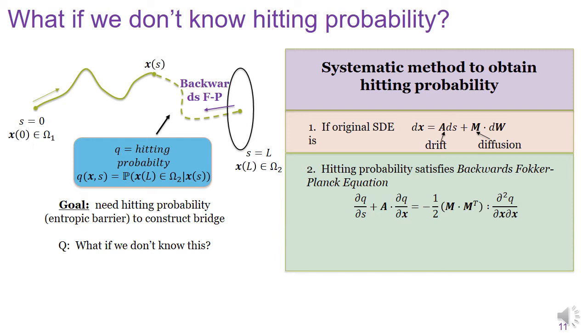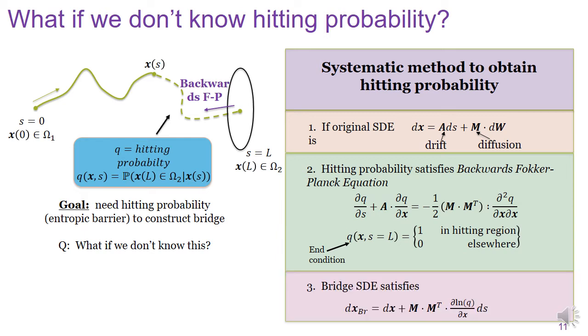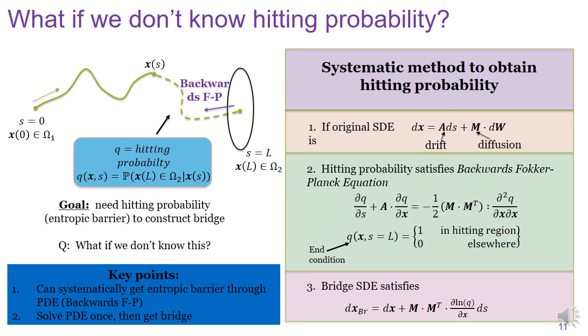In order to satisfy the end condition, we set it as the initial condition of the Fokker-Planck equation. Once we calculate the hitting probability from this PDE, we can implement the bridge process. One caveat here is that we only need to solve this PDE once, then the bridge process is accomplished.